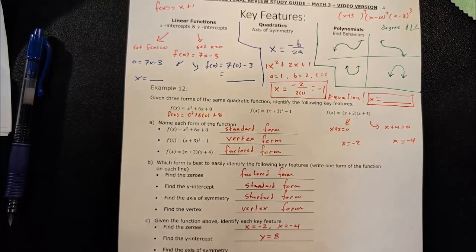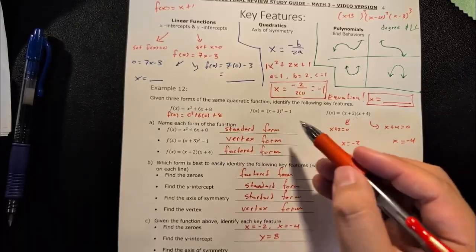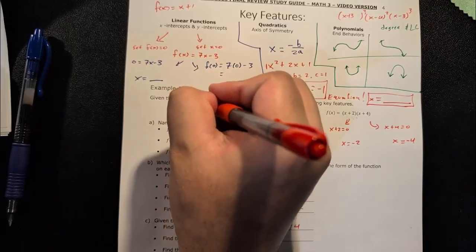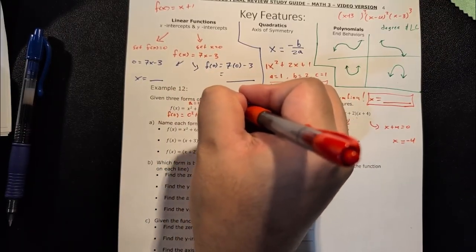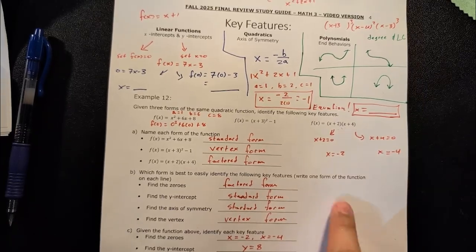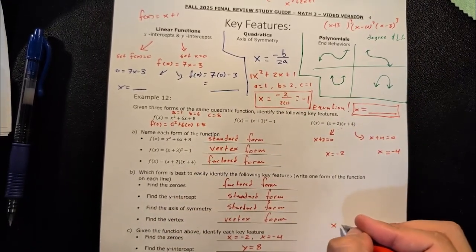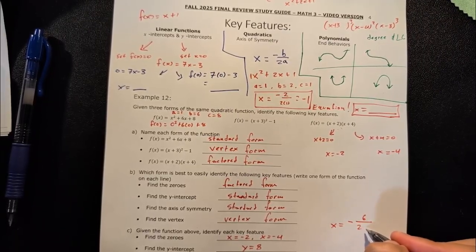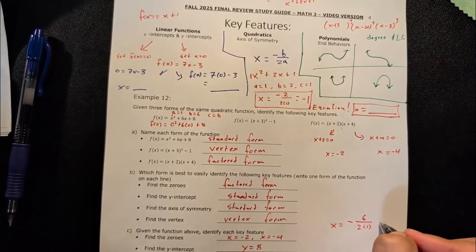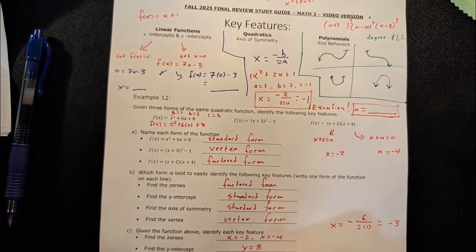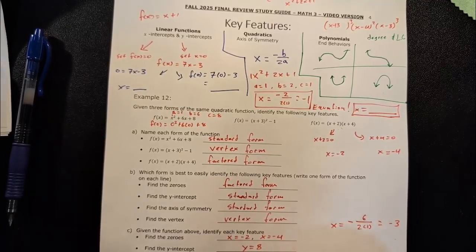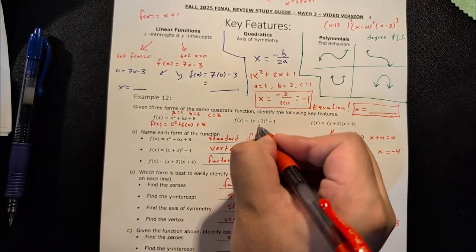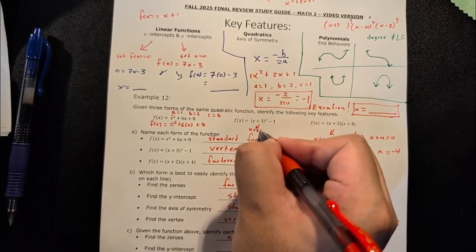And then my axis of symmetry, this is, again, standard form. So here my A is 1, my B is 6, and my C is 8. So my axis of symmetry is going to be x equals -b, which is 6, over 2a, which is 1, which gives us -3. So x equals -3, and then the vertex comes from this one. We set it equal to 0, x plus 3 equals 0.